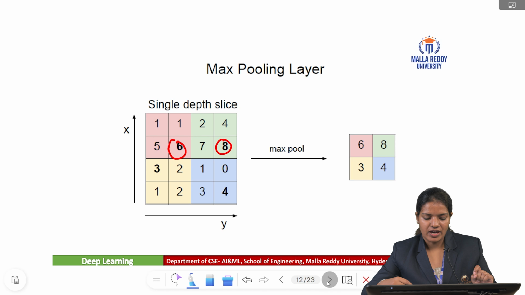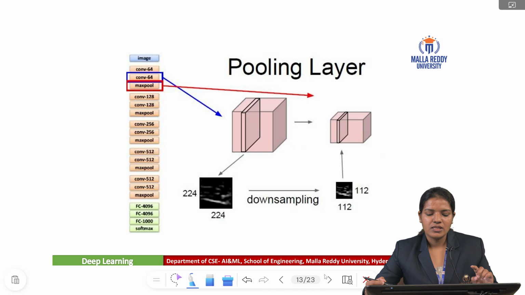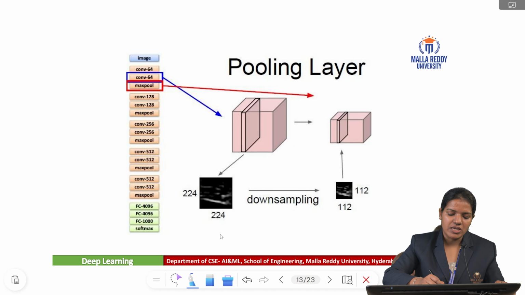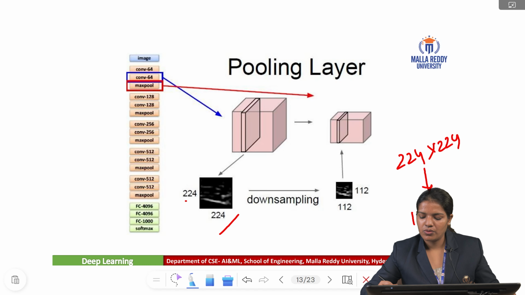This maximum value provides the relevant features, and the irrelevant features we don't consider or make 0. So in the max pooling layer, if the dimension is 224 cross 224, it will reduce to 112 cross 112, which is basically downsampling.